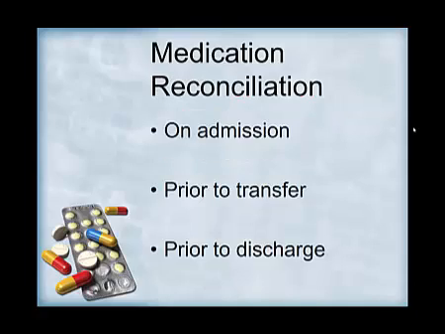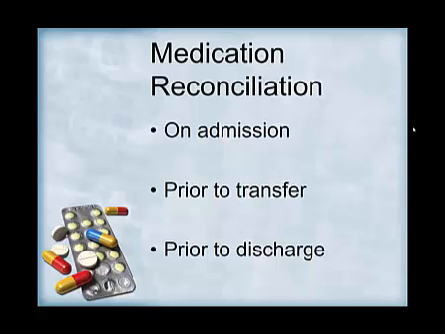Finally, we're going to discuss the medication reconciliation process. Medication reconciliation is a process designed to decrease the number of medication errors that occur in a hospital setting. Research has shown that there are 3 times during a hospitalization where it is likely for a medication to either be added inadvertently to a patient's medication administration record or to inadvertently be dropped from one.